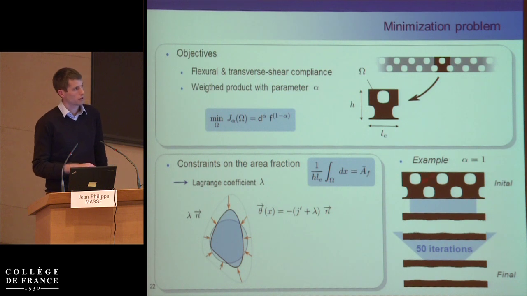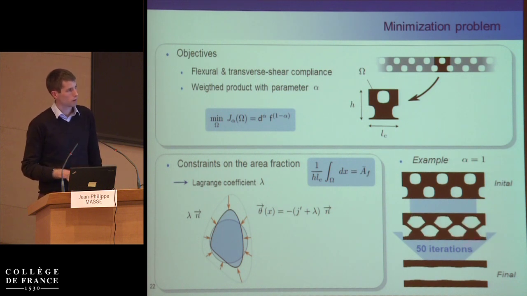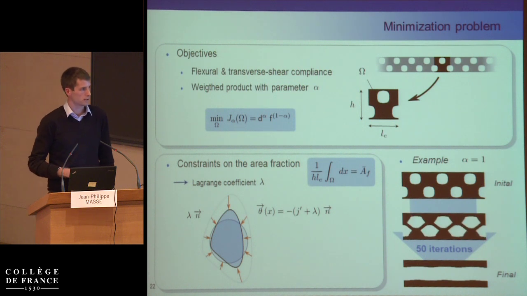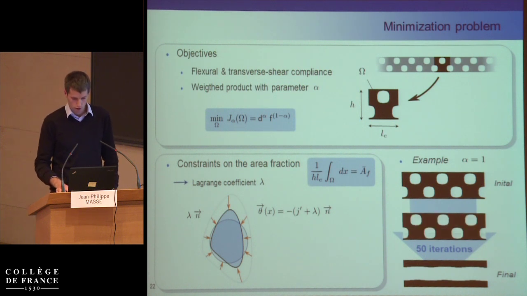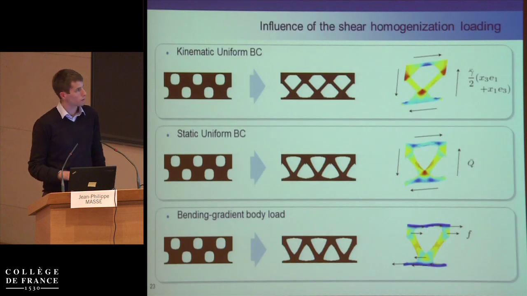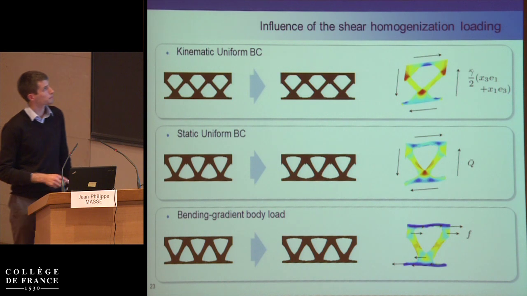So we start from an initial geometry, and with 50 iterations we arrive at this simple solution to put matter on the skin. So we can show, okay, we find what we expect.